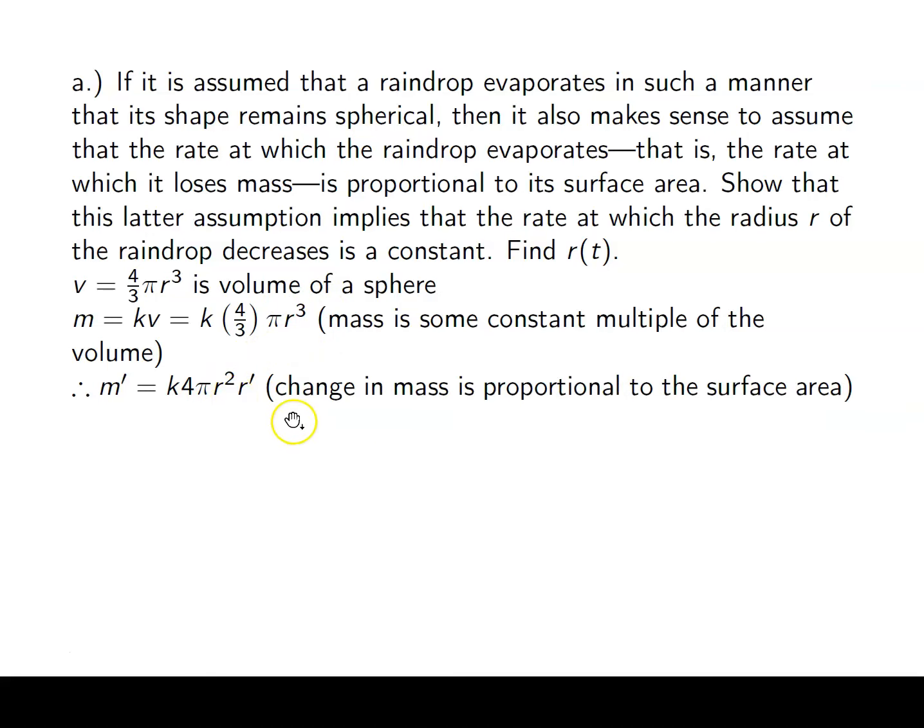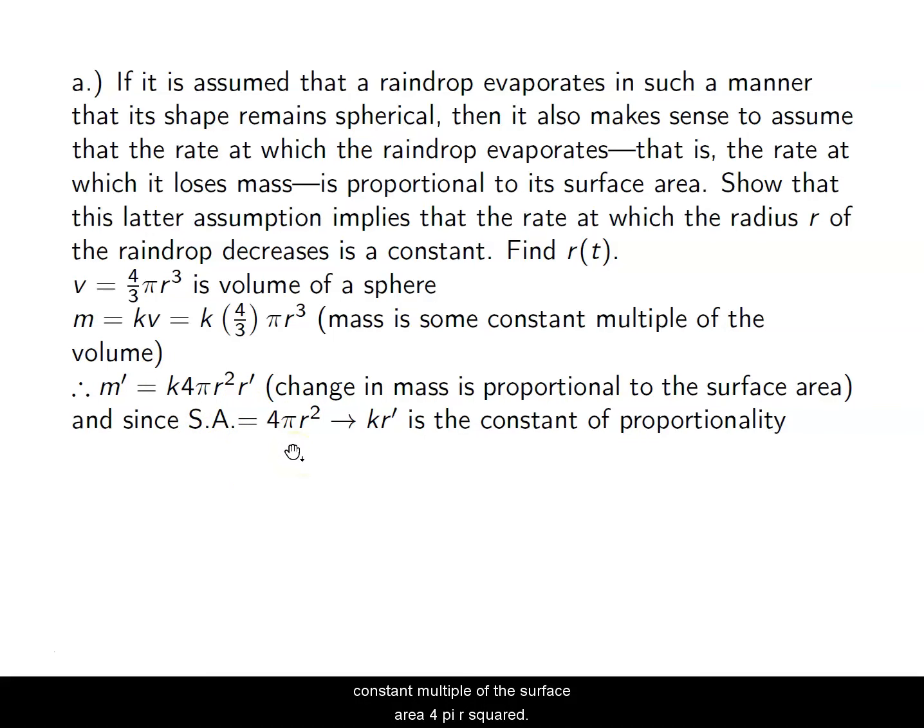So my change now in mass is a constant multiple that's proportional to the surface area, because this now represents the surface area, and surface area is 4 pi r squared. So that means that k and r prime have to be a constant, because it's a constant multiple of the surface area. So k r prime is a constant multiple of the surface area, 4 pi r squared.